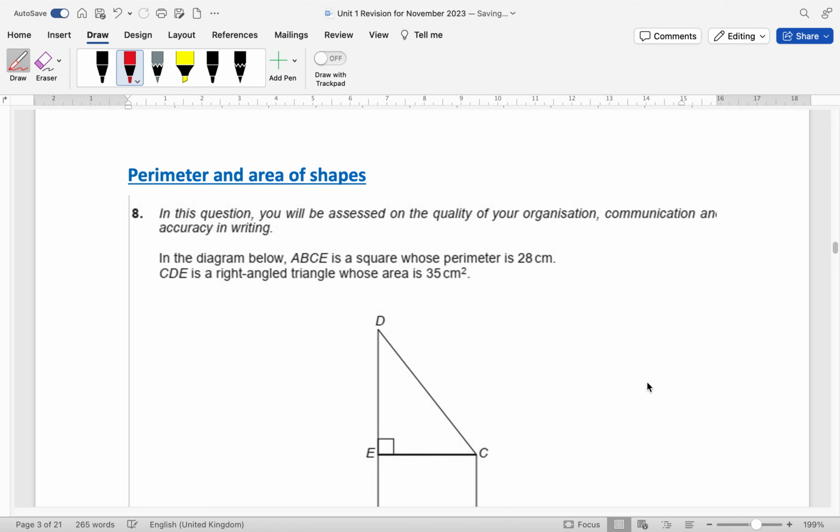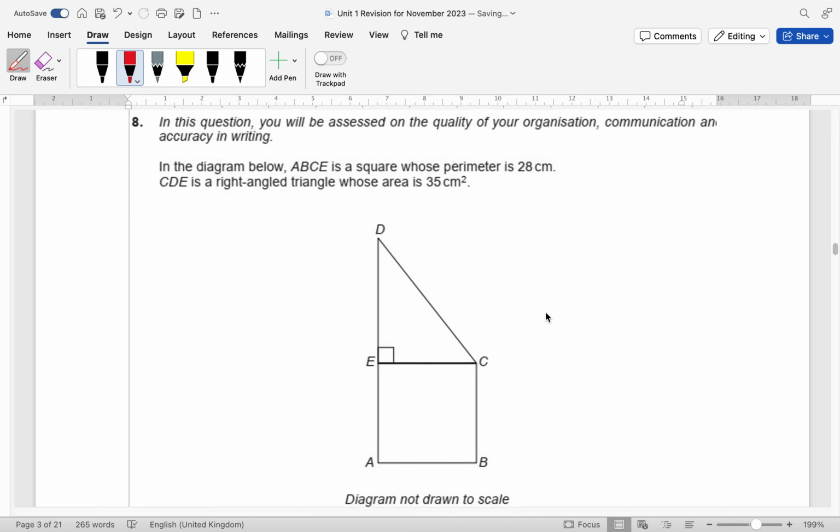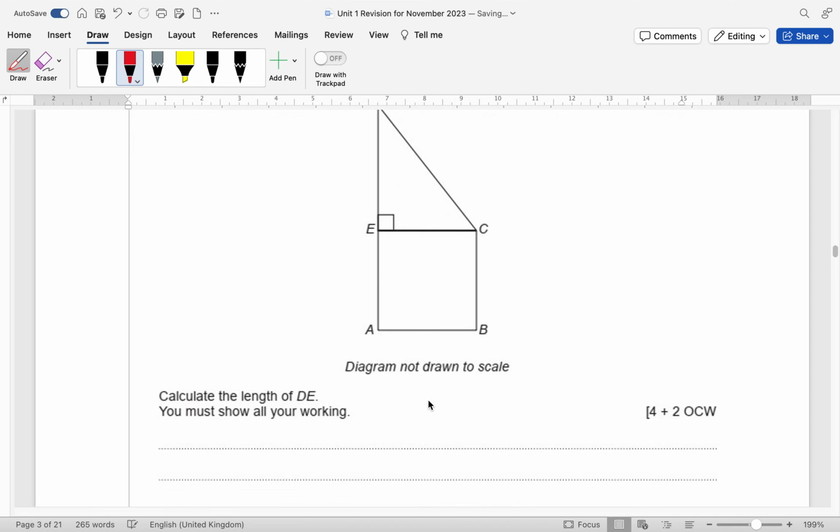Talking about perimeter and area, a little bit more to do. I hope we get towards the end of the intermediate stuff now, but I'm not sure we are. I've got a perimeter of a square of 28. That means all the way around the square is 28. This is OCW, so I need bullet points here.